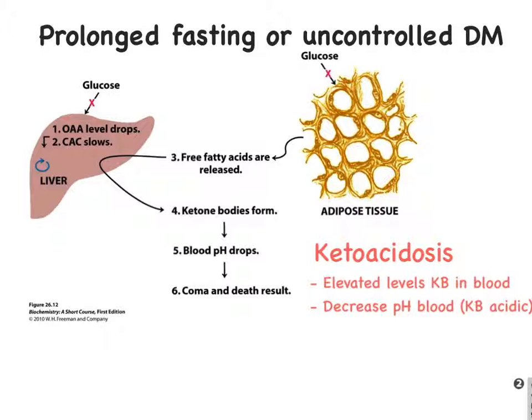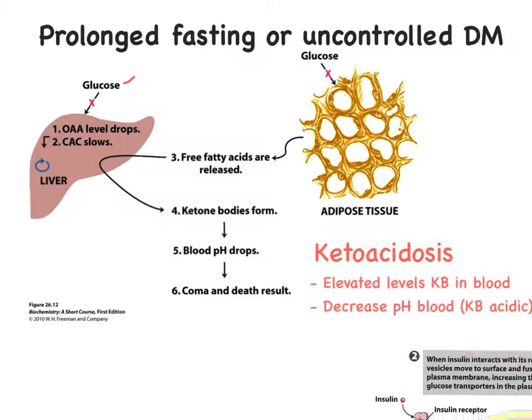Under some conditions, we can have a condition called ketoacidosis develop. Ketoacidosis is a condition where we have elevated levels of ketone bodies in the blood, and because these ketone bodies are acidic, you also see a decrease in the pH of the blood. Typically, under conditions of either prolonged fasting or uncontrolled diabetes, you're not able to get glucose taken up into the cells.